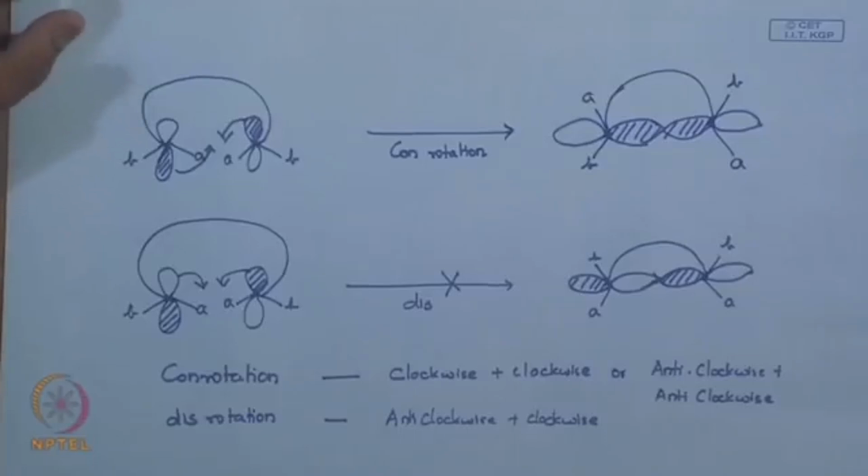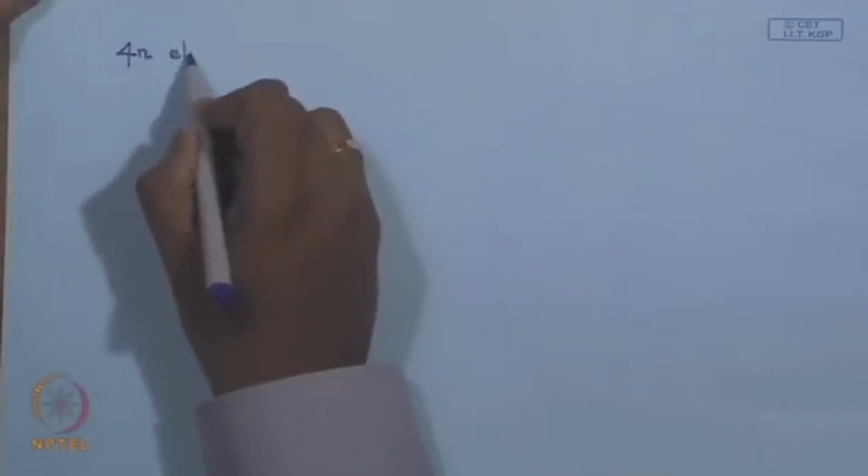Now, based on this, we will see how we can slowly understand the 4n plus 2 rule and 4n and everything. Now, we will take this system and the same analogy we will try to apply to your 4n system. Okay. Then we will apply the same analogy to your 4n plus 2 system. So, first what we will do is that we will slowly get into your 4n system, that is, take your 4n electron system.